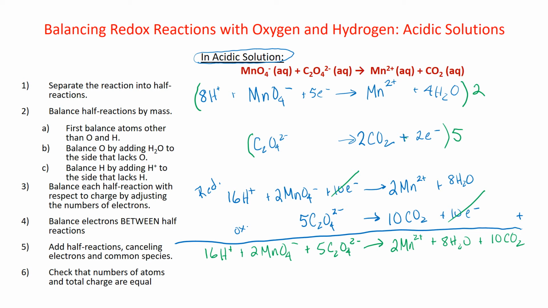So that's 2 times 4 for my oxygens, plus 5 times 4 for my oxygens in the second term. That gives me 28 total oxygens. In this term, I've got 8 times 1 for my water, plus 10 times 2 for my carbon dioxide. That also gives me 28 oxygens total on the right-hand side. All right, this is mass balanced.